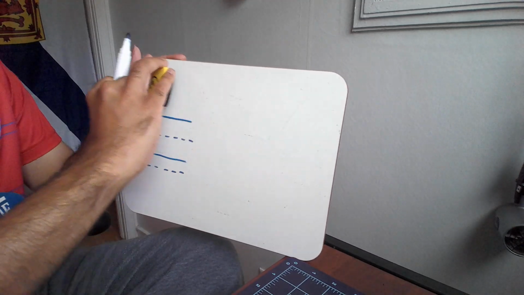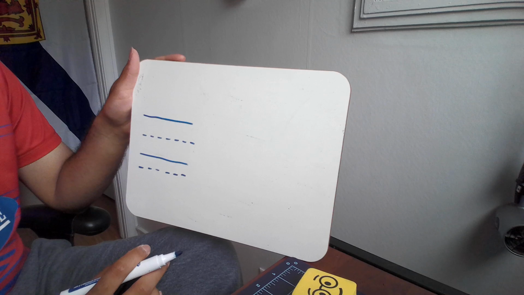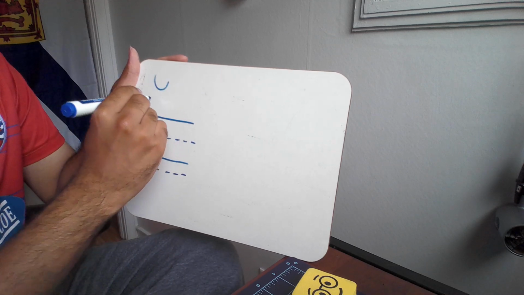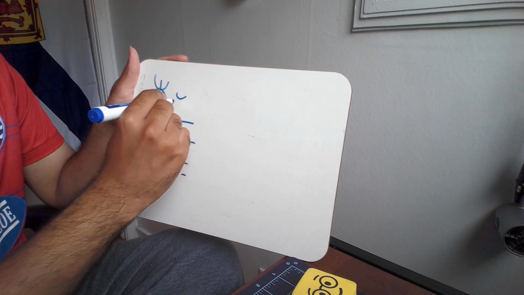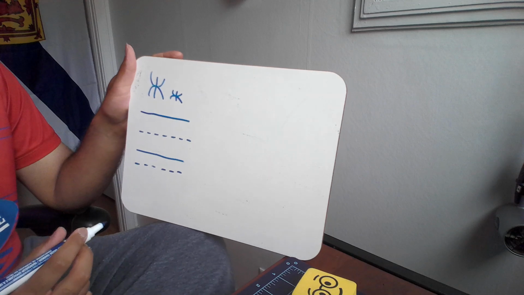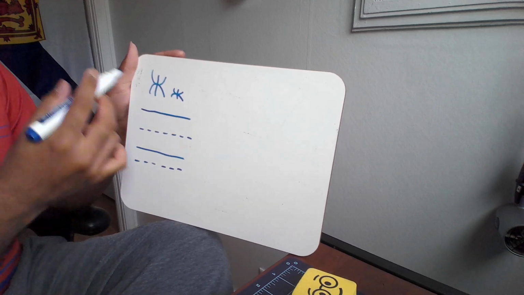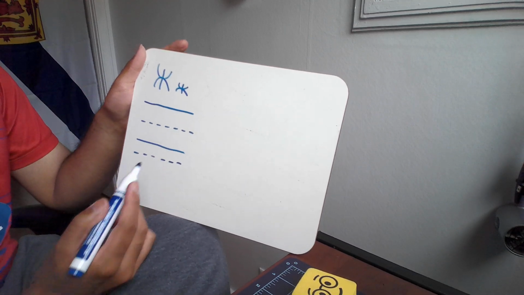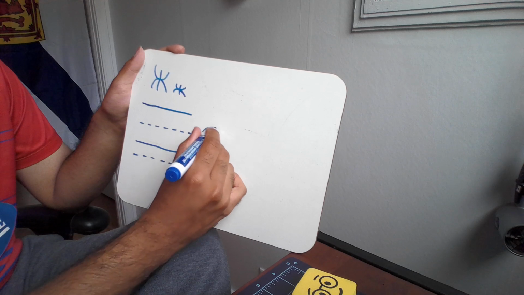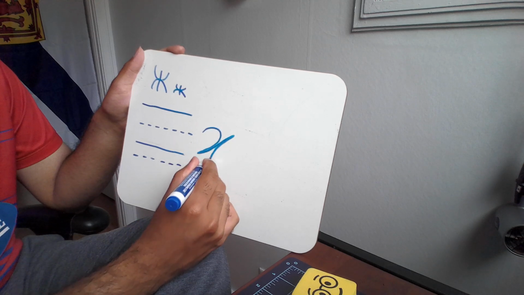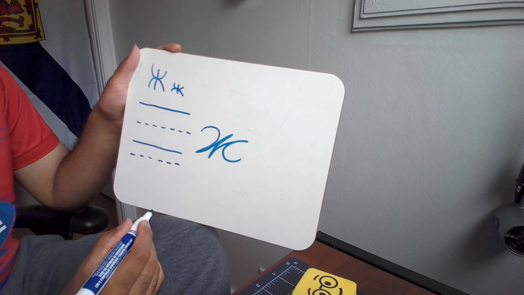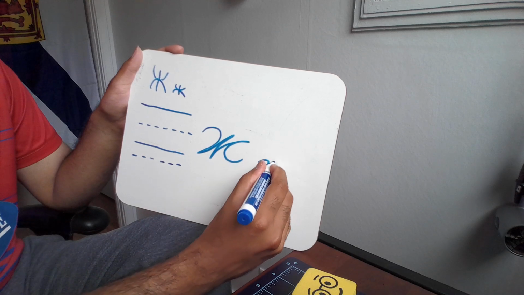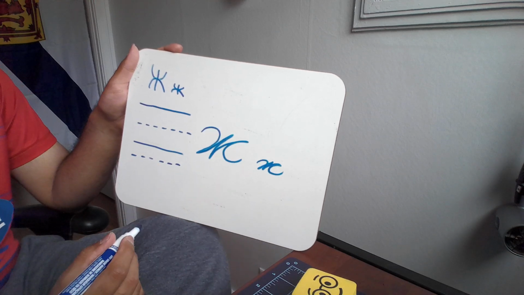The next letter is Ж, which looks like this in printing. On the computer, it looks a little bit different. This is how I print it. In cursive, it looks like this in the capital, and the same thing but smaller in the lowercase.